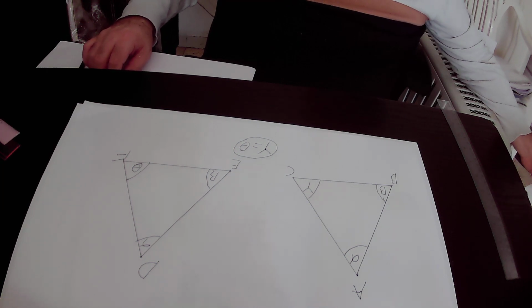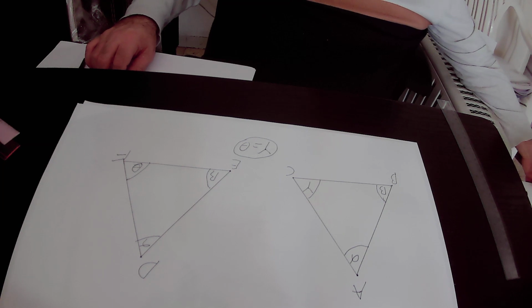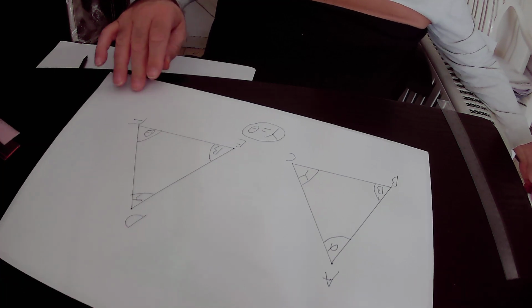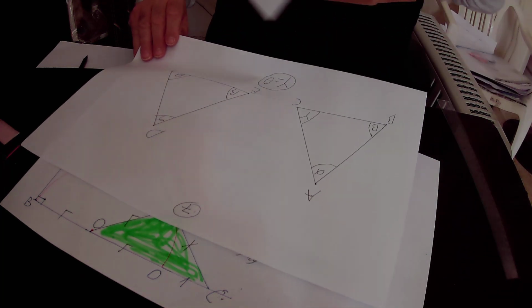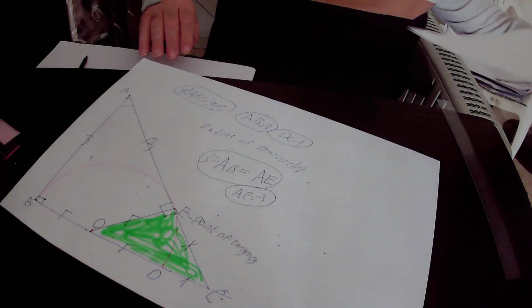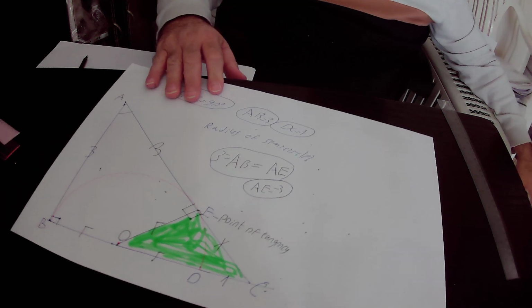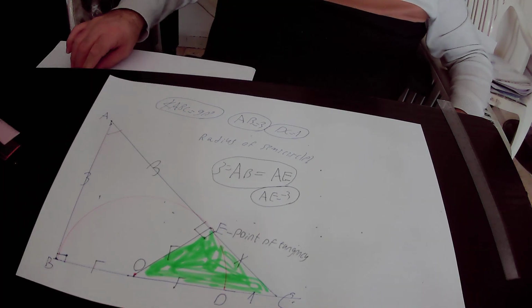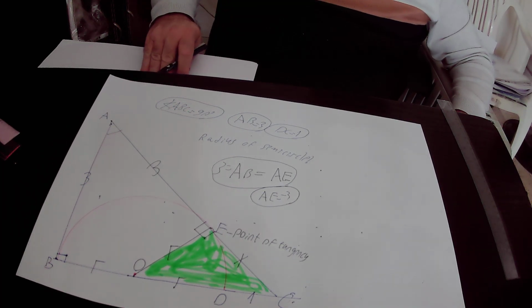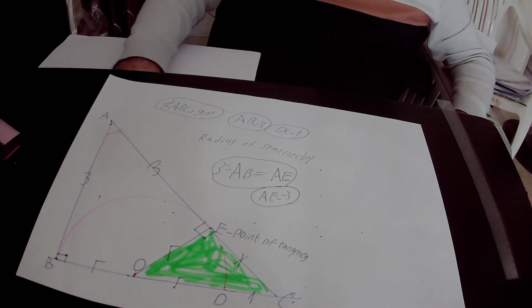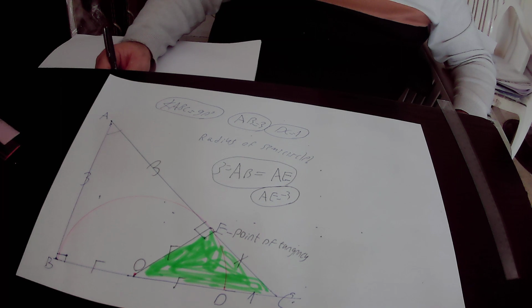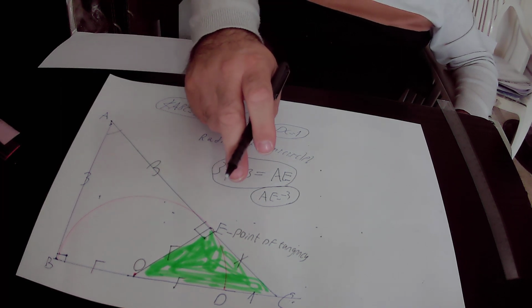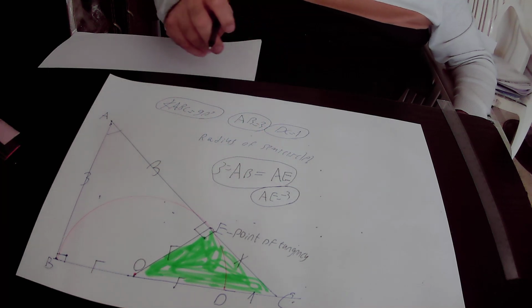So, we will return to our original drawing, and we actually proved that all three angles of the big triangle, triangle ABC, are congruent to all three angles of the green triangle, triangle OEC.